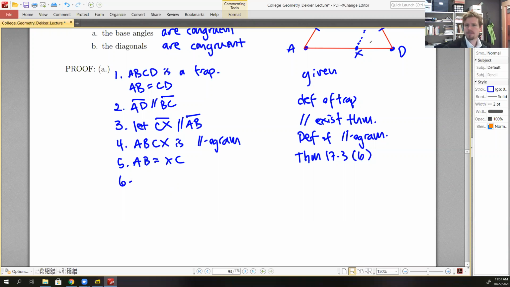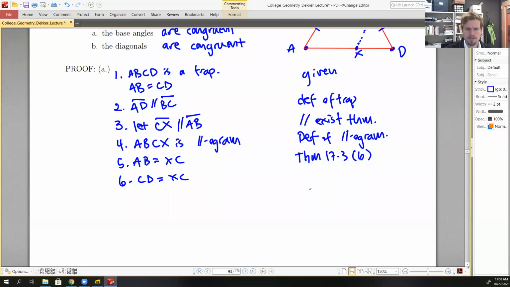So that is going to give us an isosceles triangle, in which case this angle measure and that angle measure match. We just have to figure out whether this one matches that one. That's essentially what we're working towards at this point. Since AB is equal to XC and AB is equal to CD, we can formally say that CD is equal to XC.